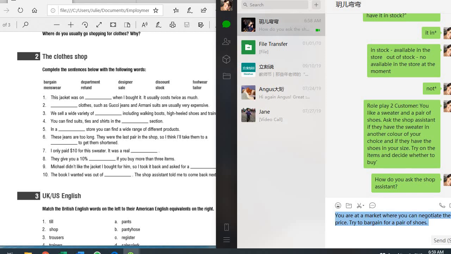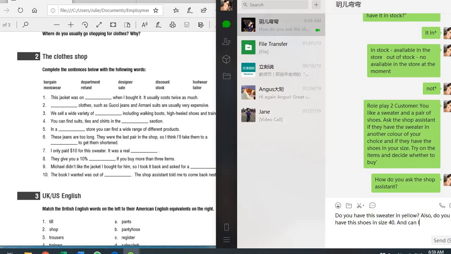Perfect, exactly, good. So you can ask, for example, do you have this sweater, let's say you want it in yellow, right? So in yellow. Also, do you have these shoes in size 40?